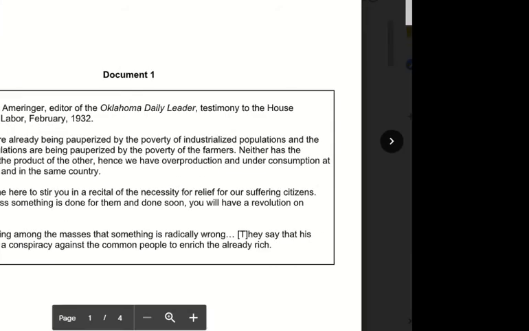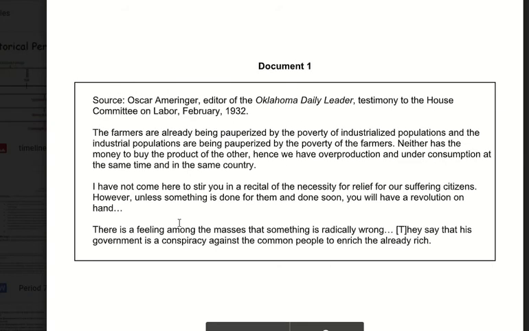First, number 1, it's talking about the farmers. You can pause the video and read through this, but we did read through it in the other video. This one is dealing with farmers. We know the farmers were having issues during the 1920s. We could reference that, but let's just stick to these terms. Let's make life simple.